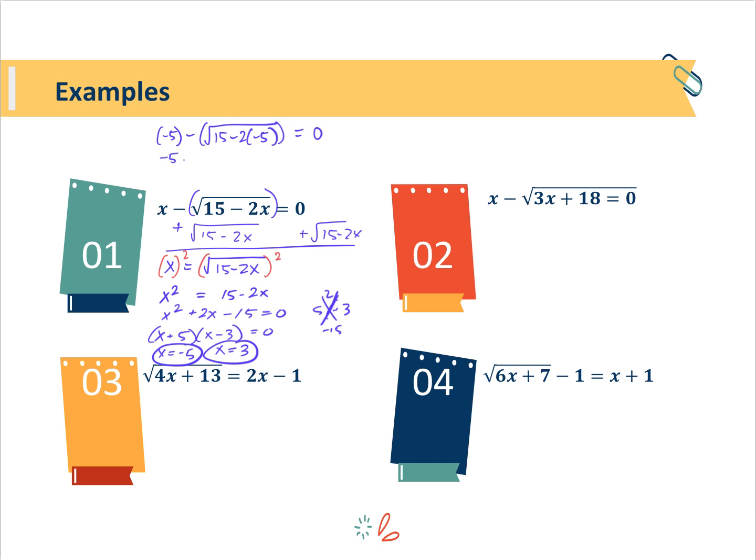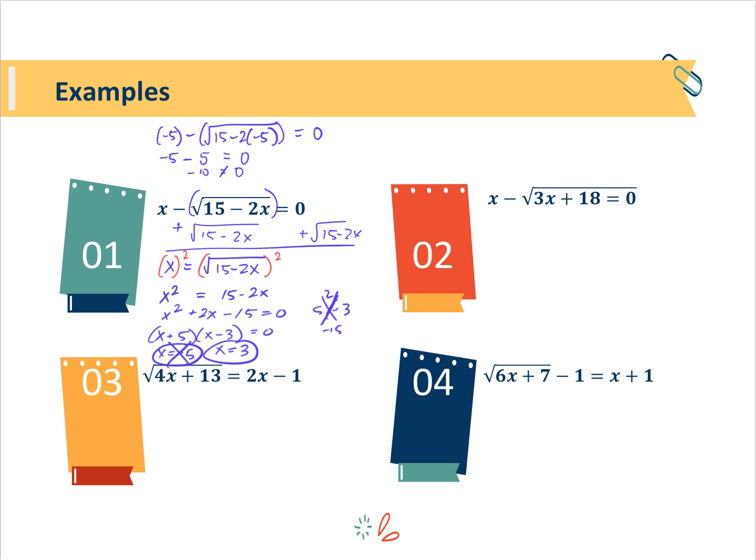Negative 2 times negative 5 is 10, so it's going to be the square root of 25, which is 5. So I get negative 10 equals 0, and it does not equal 0. So guess what? Negative 5 doesn't work.